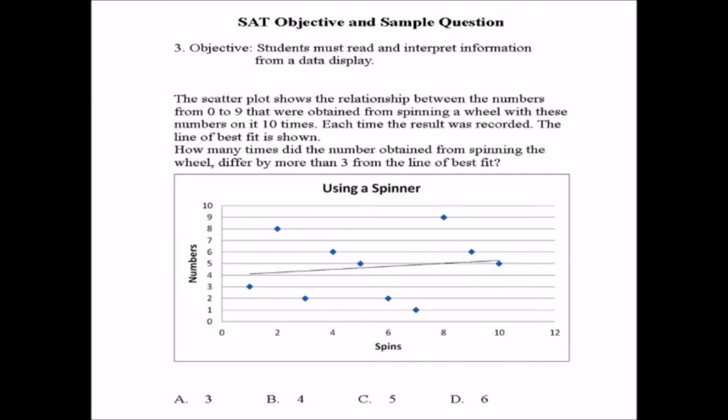The scatter plot shows the relationship between the numbers from 0 to 9 that were obtained from spinning a wheel with these numbers on it 10 times. Each time the result was recorded. The line of best fit is shown. How many times did the numbers obtained from spinning the wheel differ by more than 3 from the line of best fit? Okay, so do A, B, C, or D: 3, 4, 5, or 6.